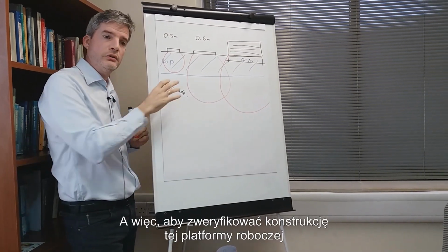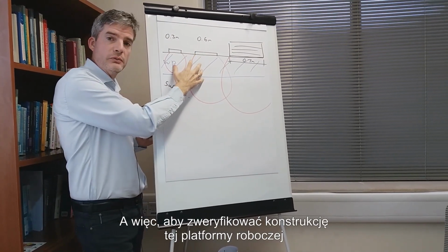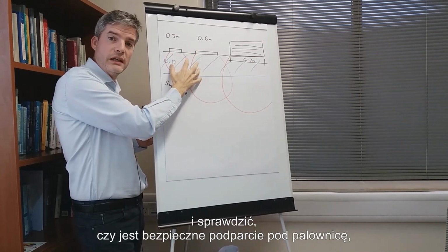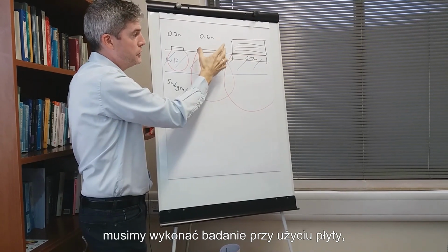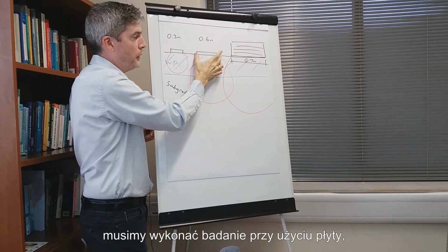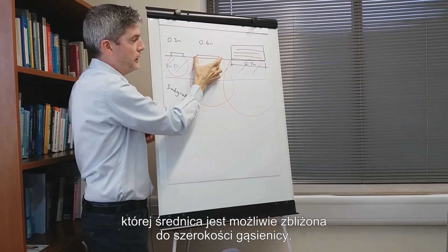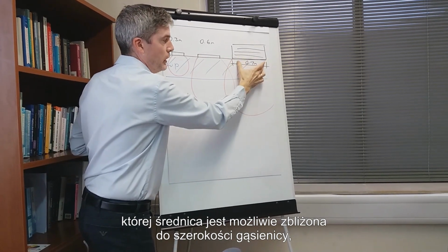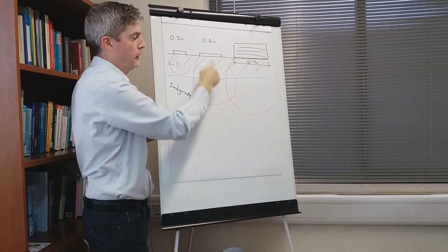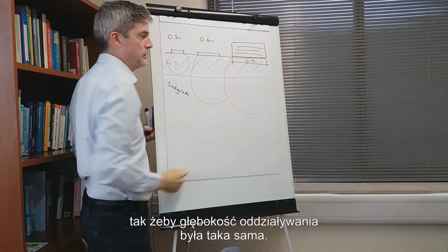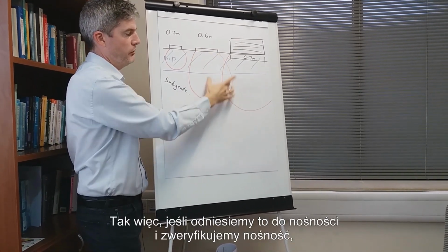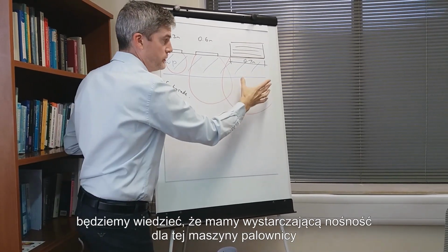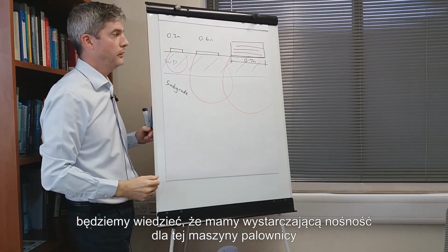So clearly, to verify the design of this working platform and that it is safe to support the piling rig, you need to do a test with a plate that has a diameter as close as possible to the track width so that the depth of influence is the same. So that if you loaded this to bearing capacity and verified the bearing capacity, you know you have sufficient bearing capacity for that plant there.